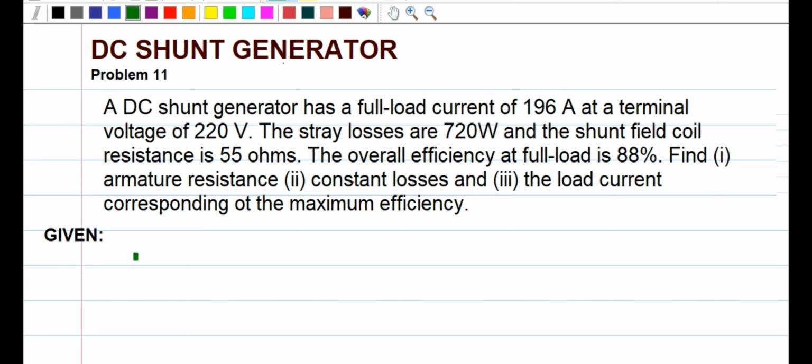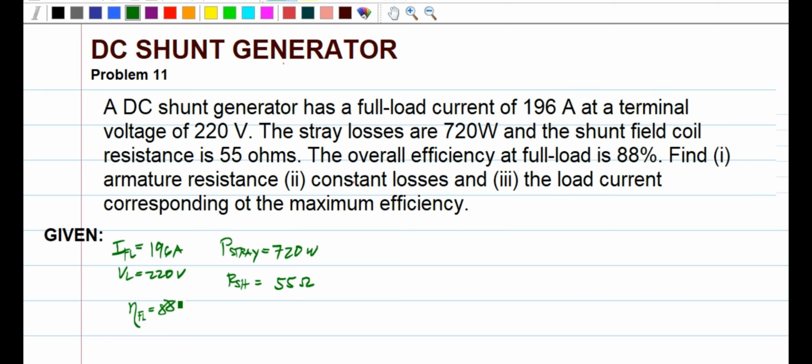The full load current IFL is equal to 196 amperes, terminal voltage VL of 220 volts, stray losses P stray of 720 watts, shunt field coil RSH is equal to 55 ohms, overall efficiency at full load is 88%.